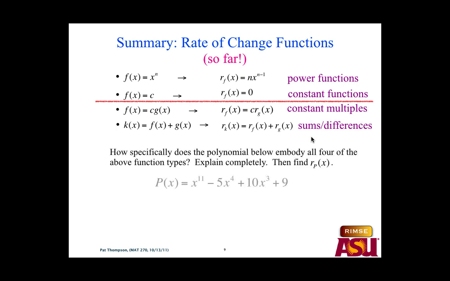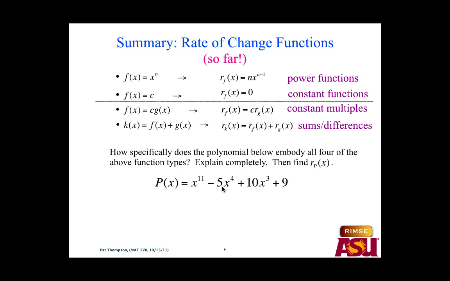So look at this polynomial here. P of x equals x to the 11th minus 5x to the 4th plus 10x cubed plus 9. So every piece of this polynomial is related to something up above. I've got terms of this polynomial that are power functions, 3 of them, and then one term that's a constant.